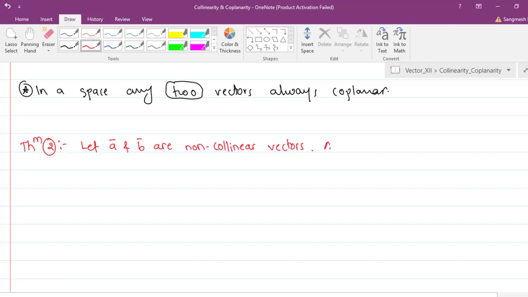A vector r bar is coplanar with a bar and b bar if and only if (IFF) there exist unique scalars.